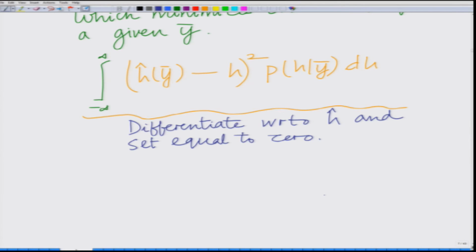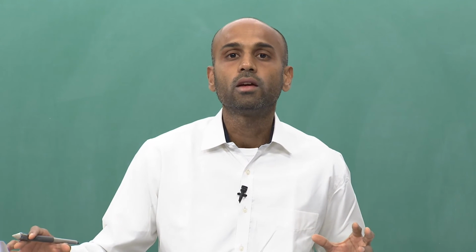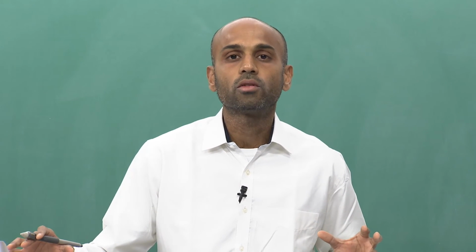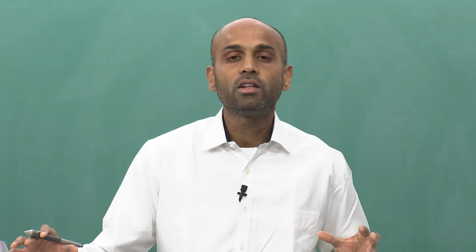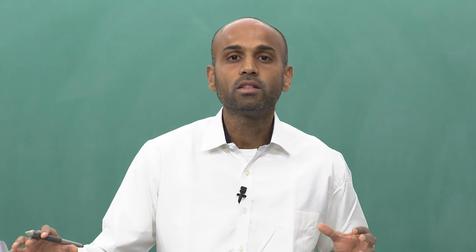All right. This mean squared error is a function of h hat, so naturally to find the minimum, we differentiate it with respect to h hat and set it equal to 0.